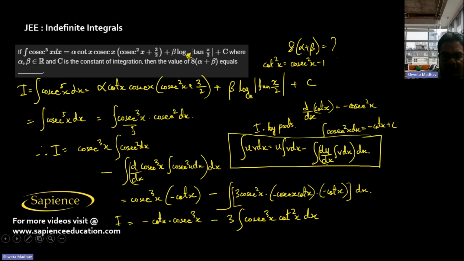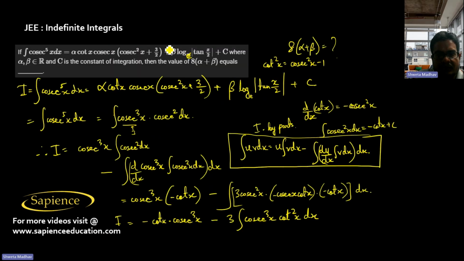So the integral I can be written as minus cot x into cosec cube x, then minus 3 into integral cosec cube x into cosec square x minus 1 into dx.